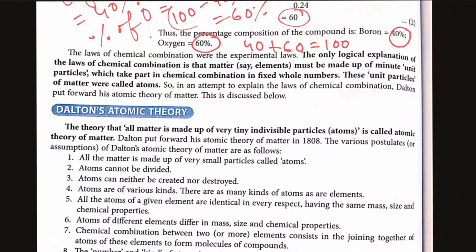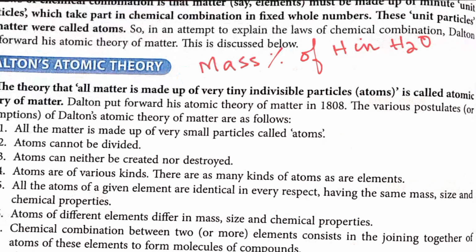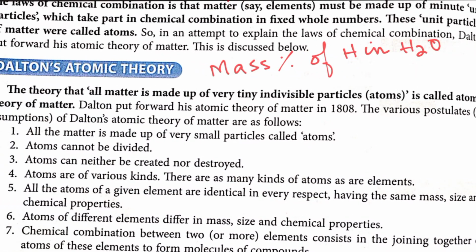In the next module, we will do Dalton's atomic theory. But here let me show you. Suppose you want to calculate the mass percent of hydrogen in H2O. So you have to find the molecular mass of H2O. What is the molecular mass of H2O?